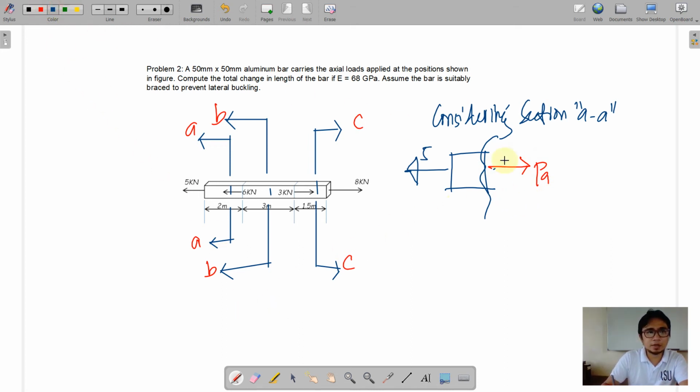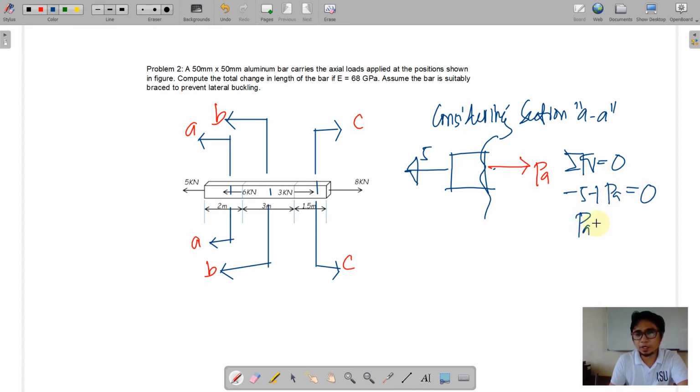Applying summation of forces horizontal is equal to 0, we have PA is equal to 5, or shall write it properly, negative leftwards plus PA is equal to 0.